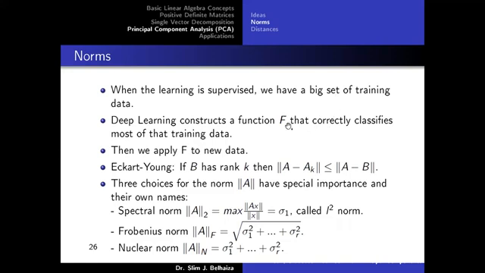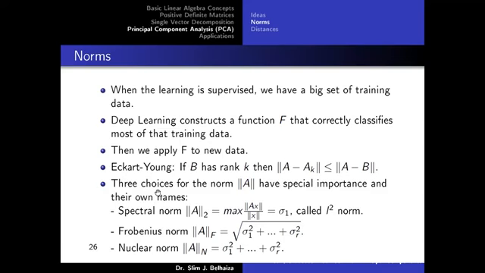So it constructs a function f that correctly classifies most of that training data, and then we apply f to the new data. So remember, Eckart-Young said that if B has rank K, then B cannot get you as close as A_K to A. But here again, we have to dive into the definition of what we call the norm of a matrix or the magnitude of the matrix.